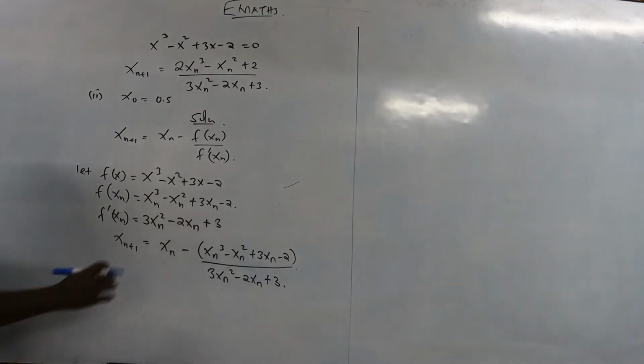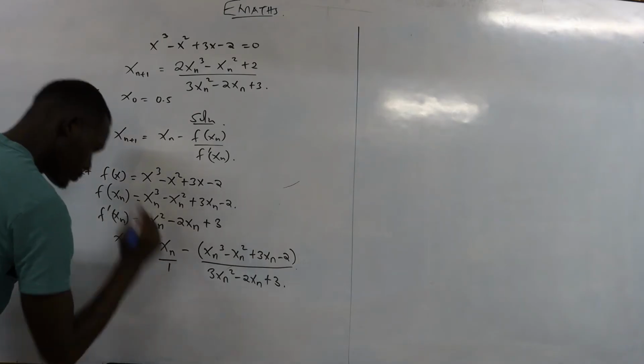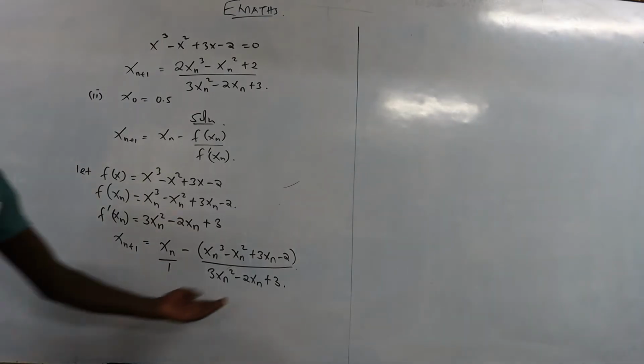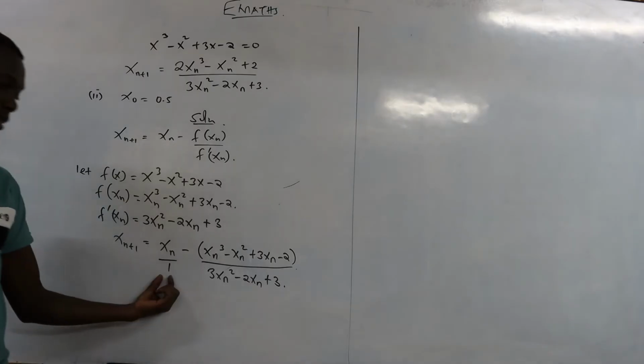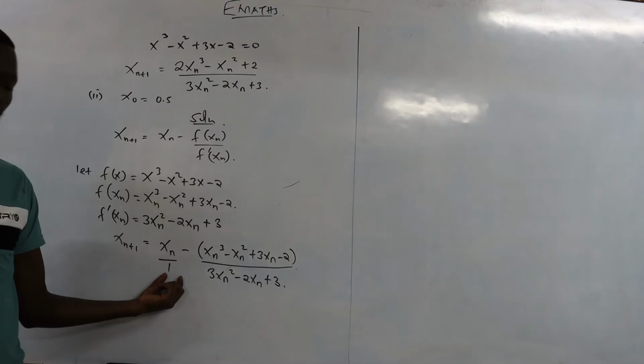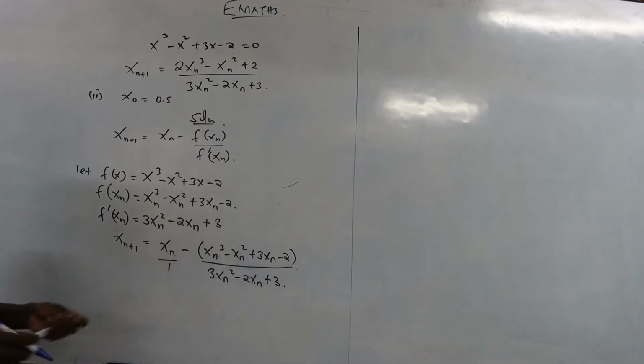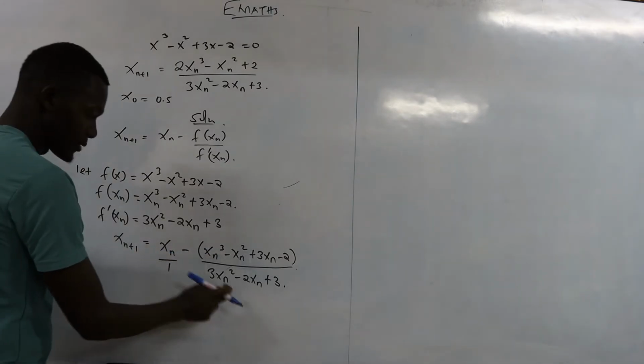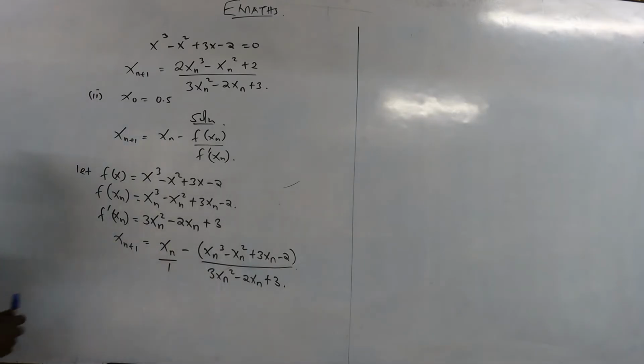Now we want to write all these into one fraction. So we can put this xn over 1. What is the LCM of this term and this term? The LCM will just be this term here, because here is just a 1. So in essence we're just saying we'll multiply 1 here and we'll multiply this part in this part here.